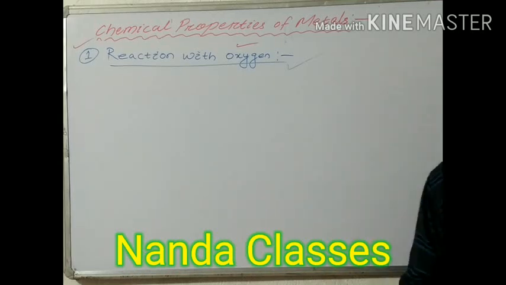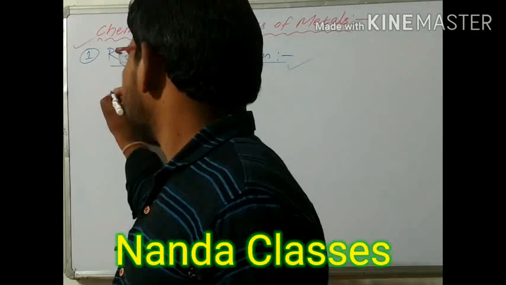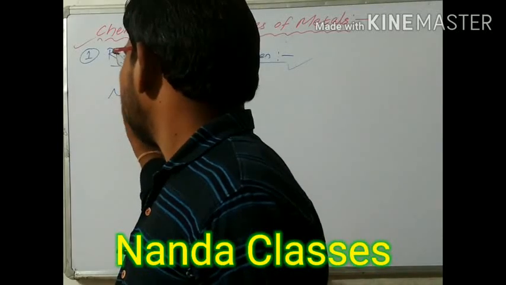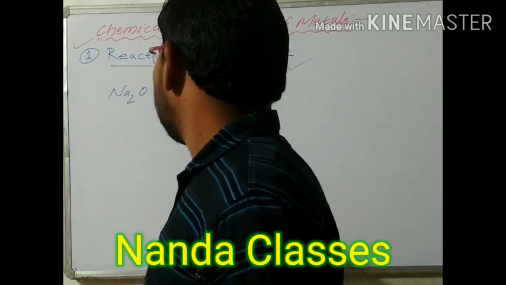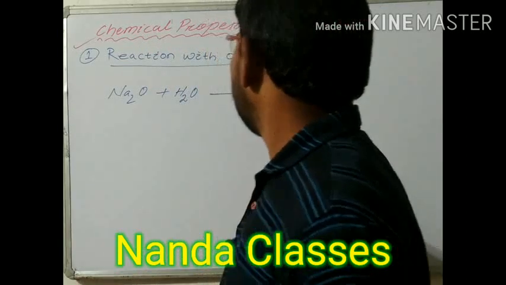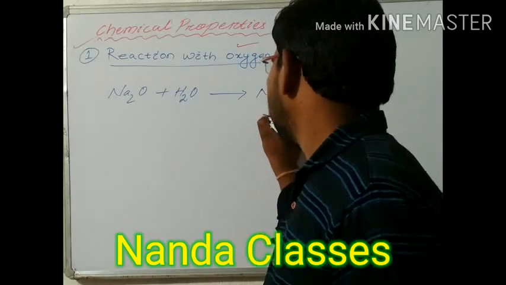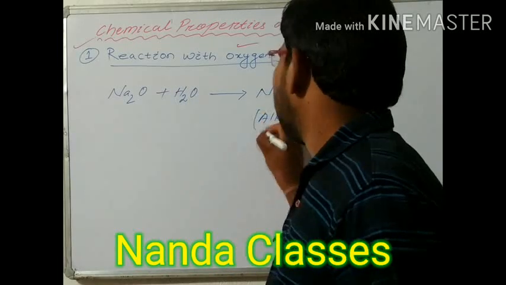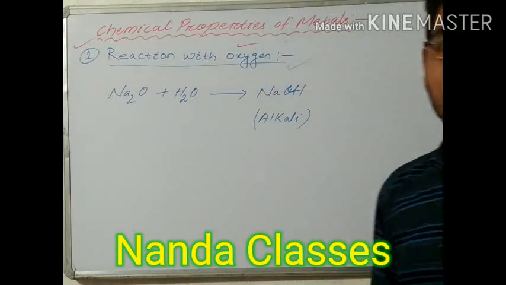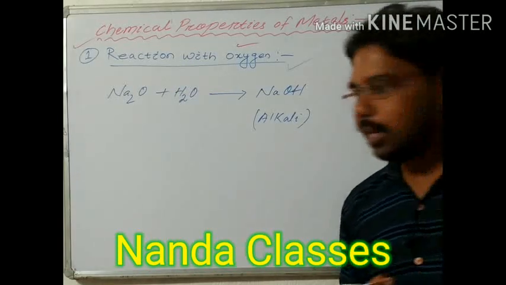For example, sodium oxide, Na2O, dissolves in water and forms sodium hydroxide NaOH, and this sodium hydroxide is an alkali. Alkali means a water-soluble base. The water-soluble base is known as an alkali.